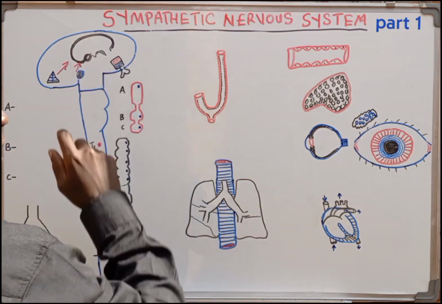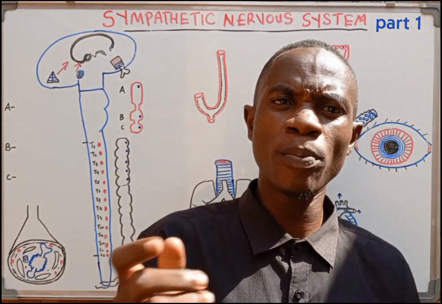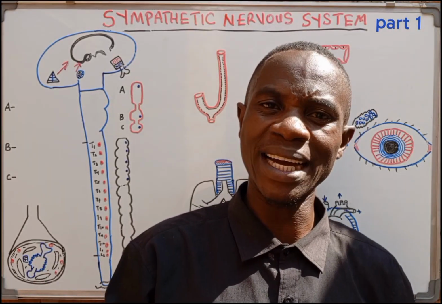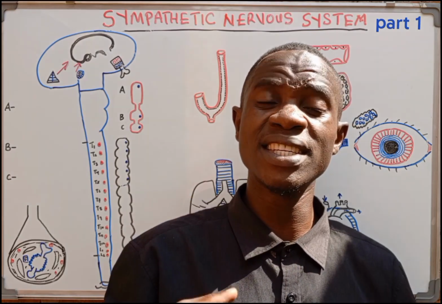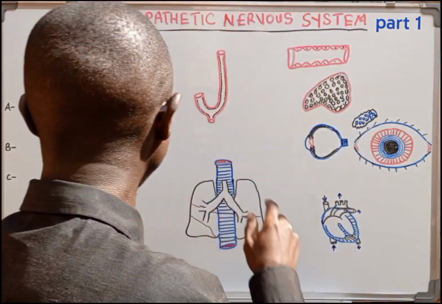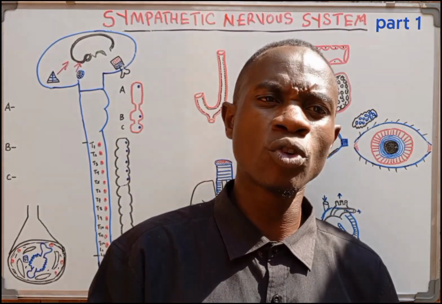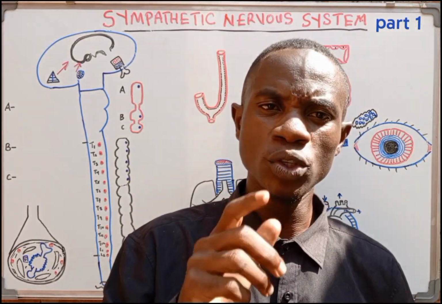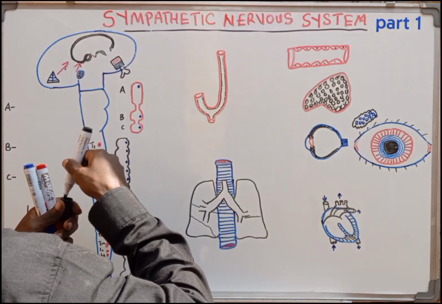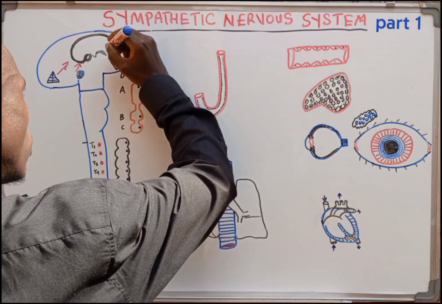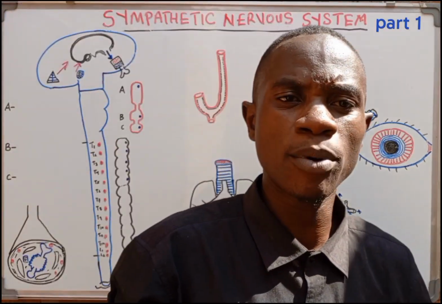Once the limbic system receives this information, it weighs it and compares it with previous information and says, this is very dangerous, this person needs a lot of help. It then sends the information to one of the autonomic regulators of the body, the hypothalamus.